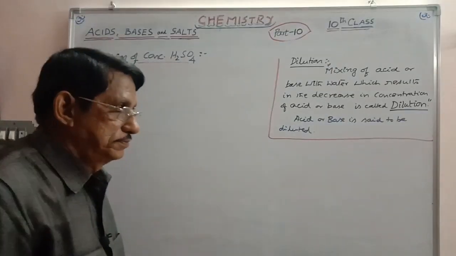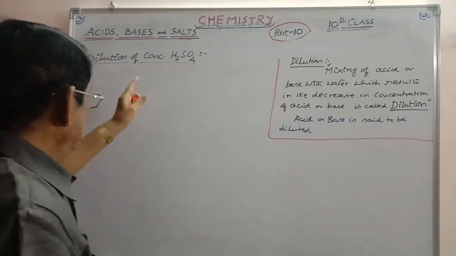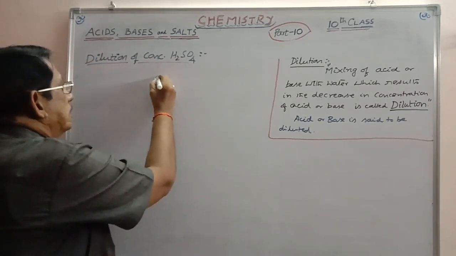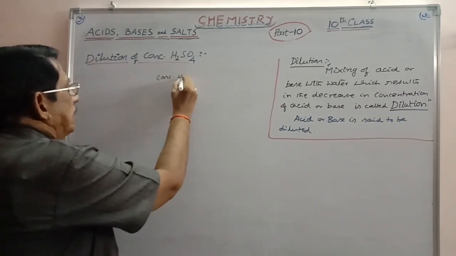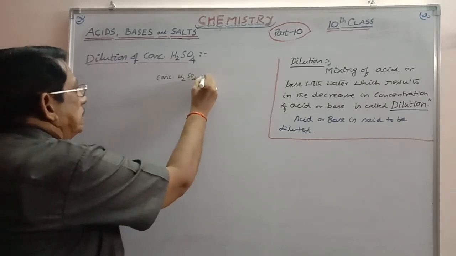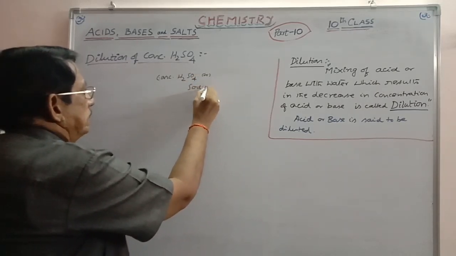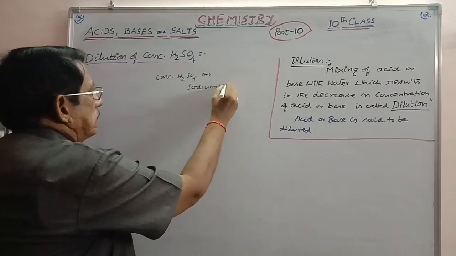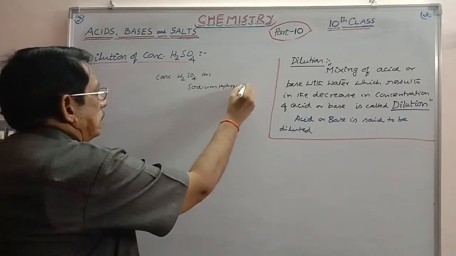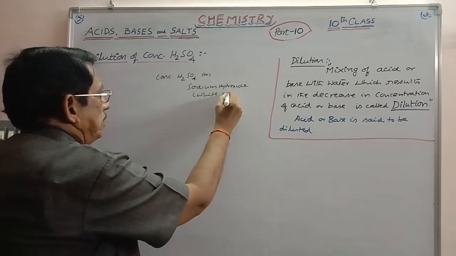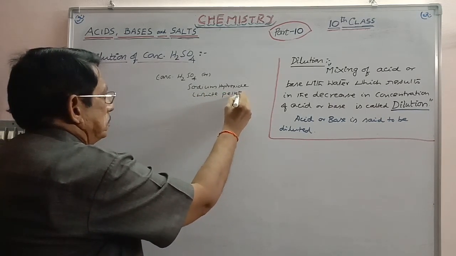And here, in the case of concentrated sulfuric acid, we can take concentrated sulfuric acid or sodium hydroxide. These will be in the form of small white pellets.